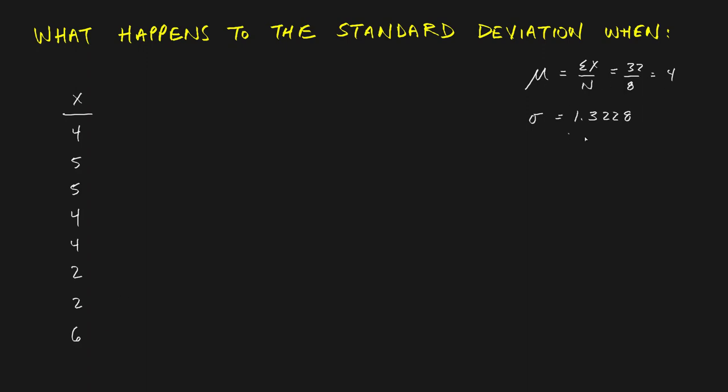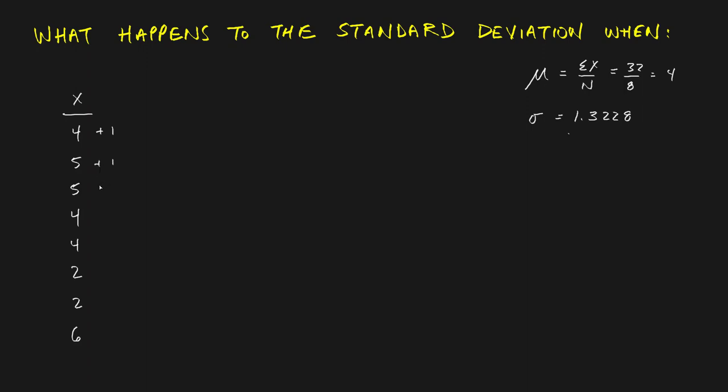I could also work out how much variation there is. So most employees are within 1.3 thousand of the average. But what would happen if I was to give everybody a one-time bonus? So I gave everybody a bonus of 1,000. That would be like taking all of my data and adding 1.